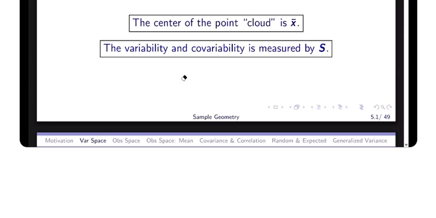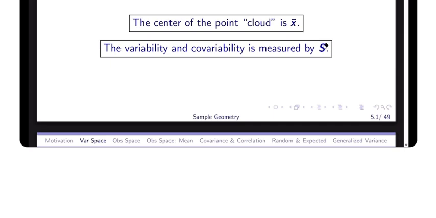I can also measure the covariation, how variables in a multivariate data set vary together. That's why you see covariability, and that's why this is going to be doing the job of measuring that.